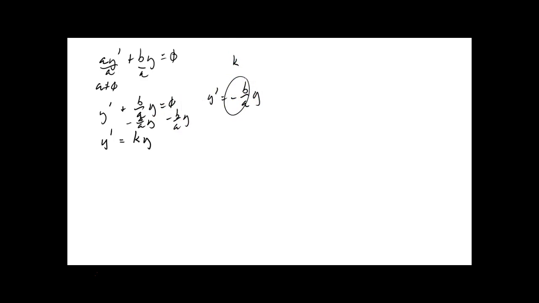It's just a constant. It can be a positive constant or a negative constant. Since a can't be 0, it is defined everywhere. It could even be 0, but that wouldn't be very interesting. But there's a differential equation.